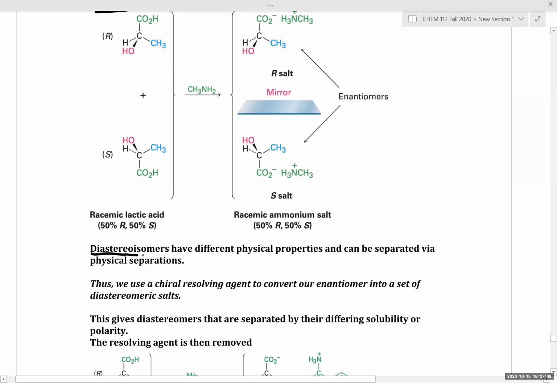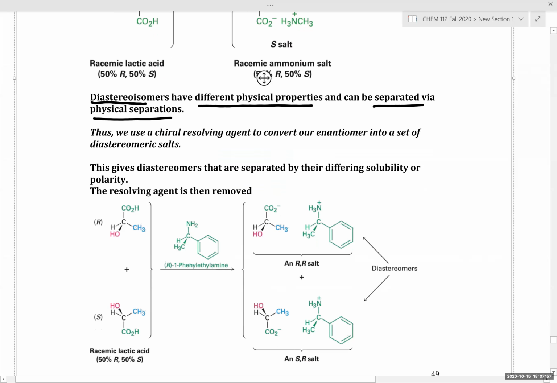Diastereoisomers have different physical properties and can be separated via physical separations. Thus, one common trick to separate enantiomers is you can use a chiral resolving agent to convert our enantiomers into a set of diastereomeric salts.